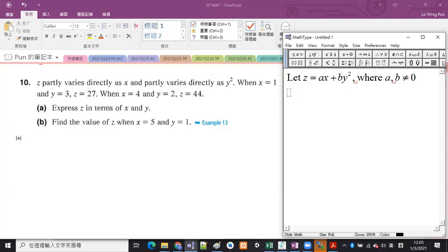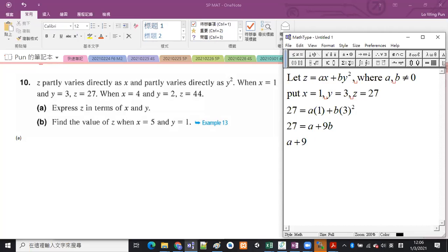It's always like this, right? And then we'll put the first group of numbers as x equals 1, y equals 3, and z equals 27 into our equation. So 27 is equal to a times 1 plus b times 3 squared. And then simplify the terms. 27 is equal to a plus 9b. Normally, I will write the unknowns on the left.